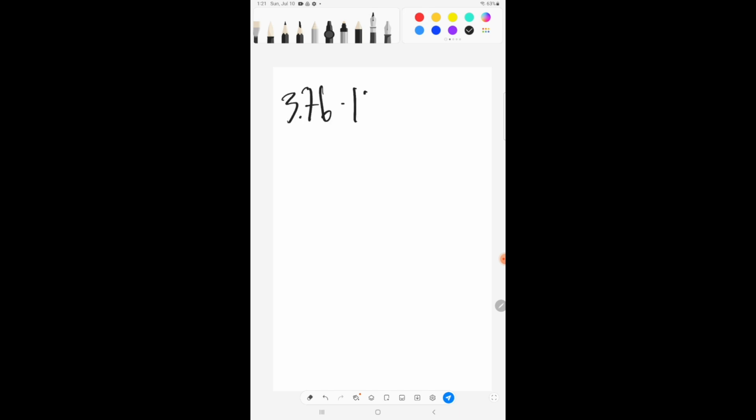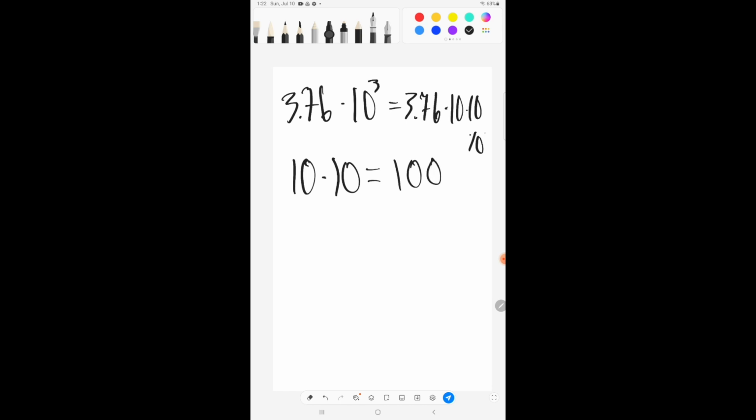3.76 times 10 to the third is scientific notation, right? And this equals 3.76 times 10 times 10 times 10. Okay. So 10 times 10 equals what? 100, right? And then there's a third 10, so 100 times 10 is equal to 1,000.